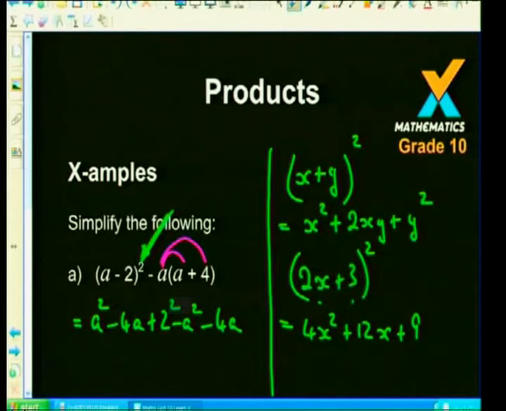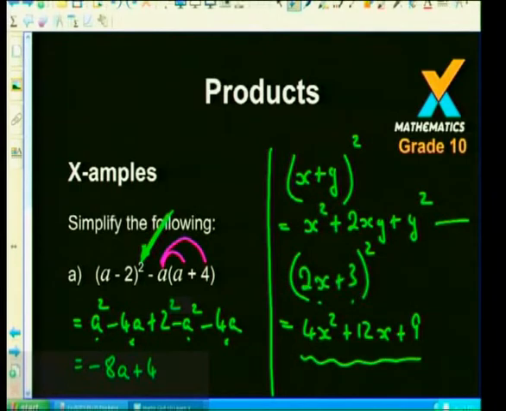And all I've got to do is gather like terms. Well, my a squareds disappear. I have minus 4a minus another 4a, which gives us minus 8a, and my constant term in this case is plus 4. Just to reiterate, this little trick over here saved us quite a lot of time.